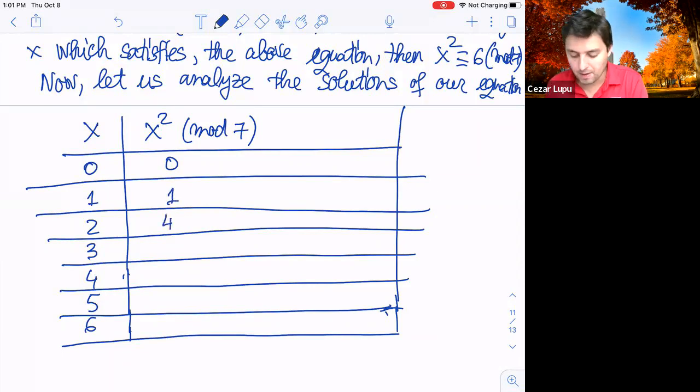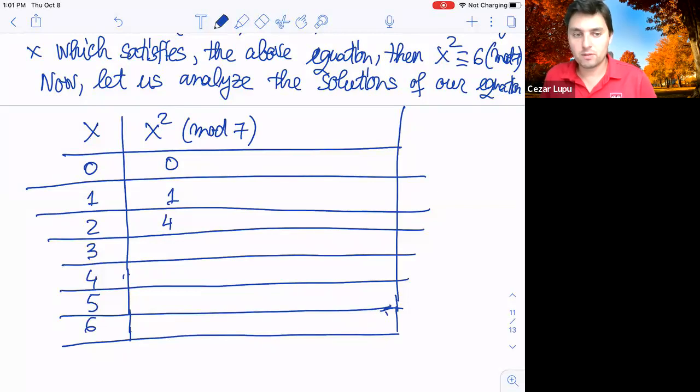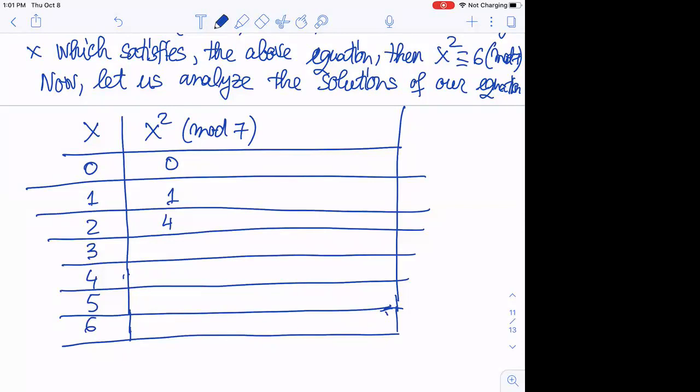When x equals 3, x squared is 9, and 9 mod 7 is 2.